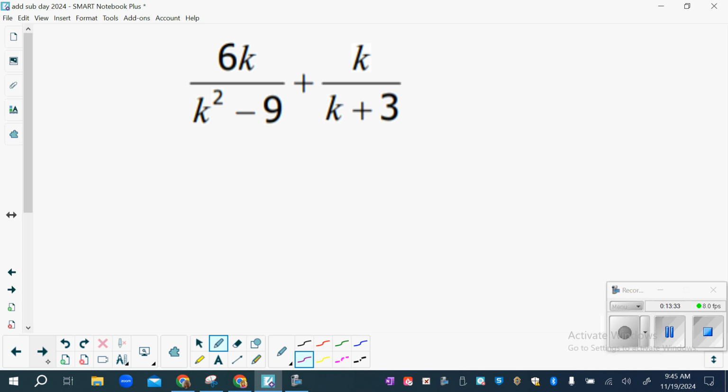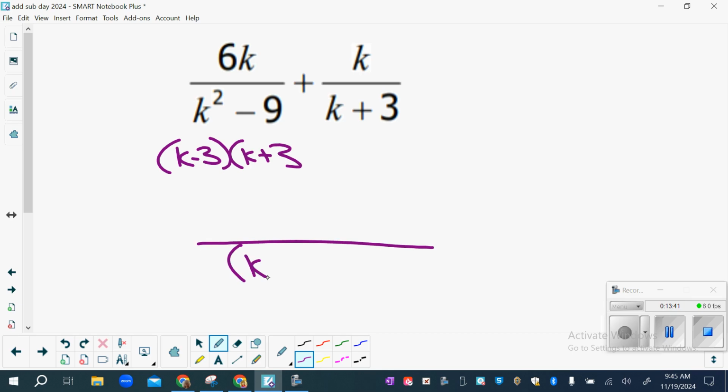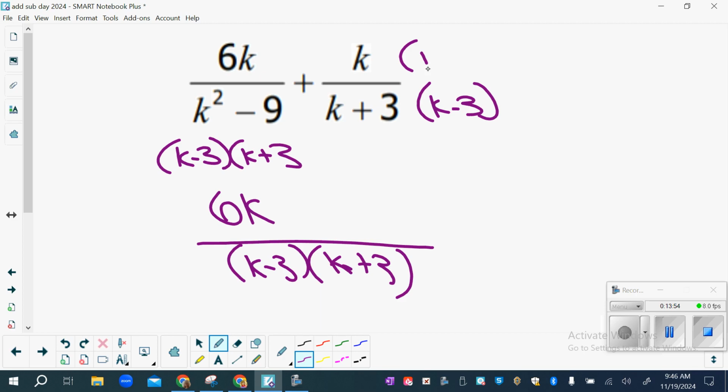How are we doing? Are you getting K minus 3, K plus 3? So my magical denominator, K minus 3, K plus 3. This guy isn't missing anything. You got the 6K, but this guy is missing the K minus 3. Be careful here.